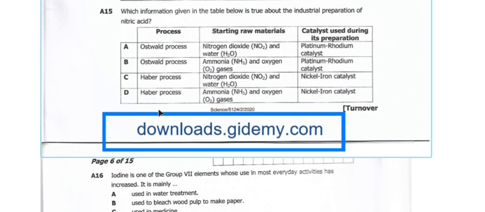Which information given in the table below is true about the industrial preparation of nitric acid?